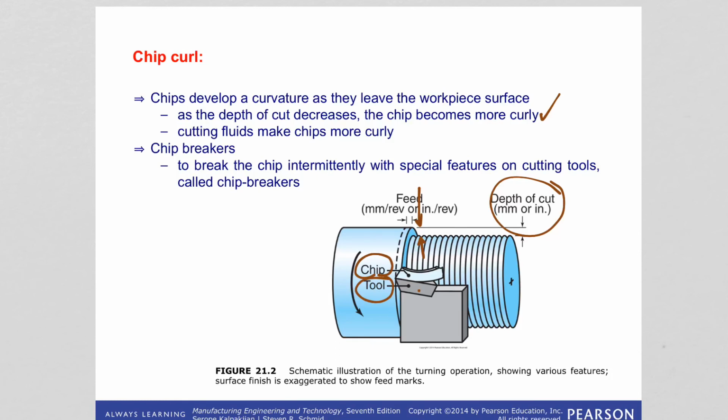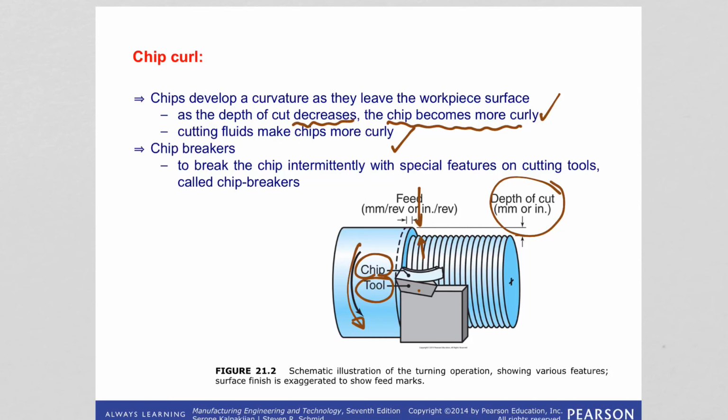This is the tool tip, and the part is rotating, right? And how deep we go cutting the part is the depth of cut. And as it decreases, the chip becomes more curly. And also cutting fluids make chips more curly.